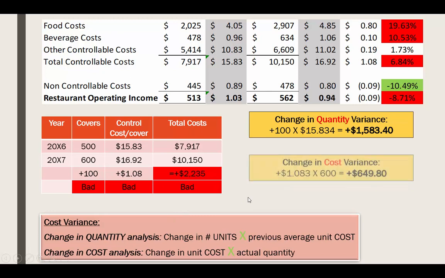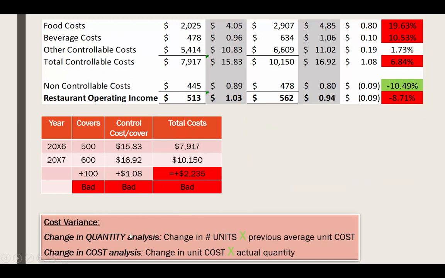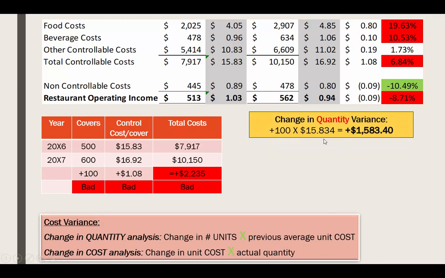So let's complete a change in quantity variance first. So we want our change in number of units, so our plus 100 times the previous average unit cost. So my $15.83. The only reason why you might use more decimals when you're using your calculator is because Excel takes into account all the decimals, so you might just be a bit different rounding wise.